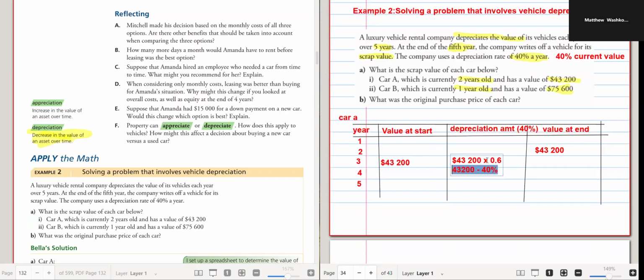I'm timesing it by 60% of its value, or you can find out what 1% is, what 10% is, what 100% is, and take away 40% of it. So if I do this, I'm only going to write that in once, like the actual equation, just to save time, but it's 25,920.